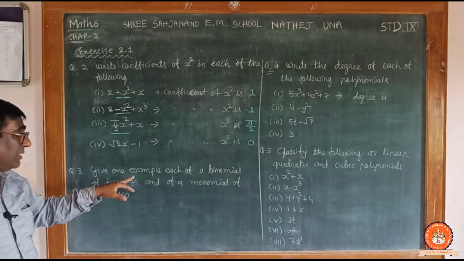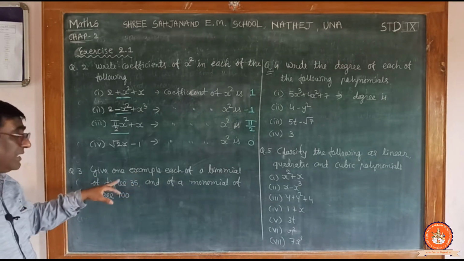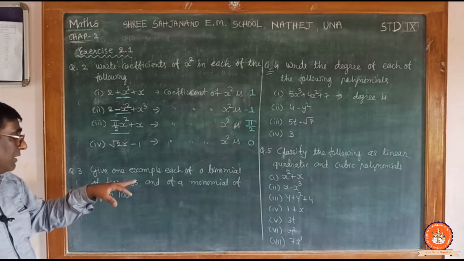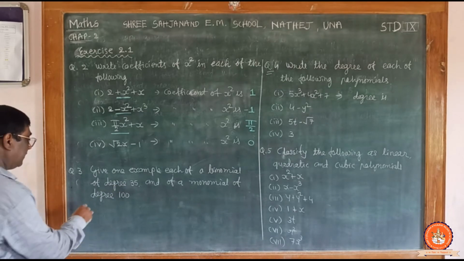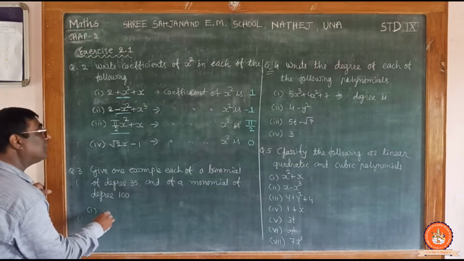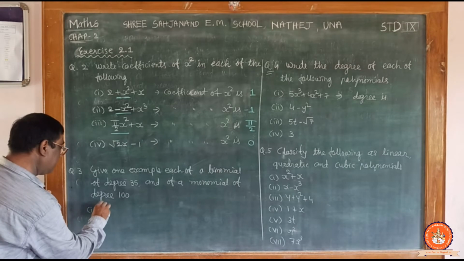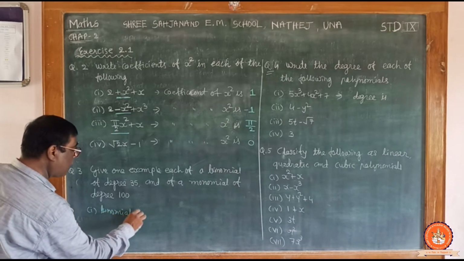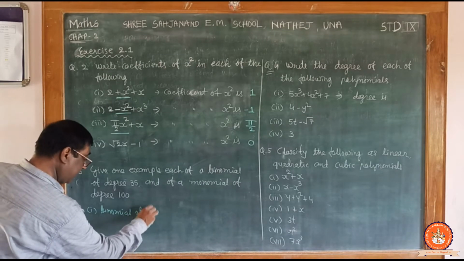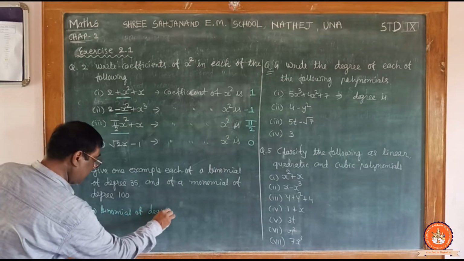Give one example each of a binomial of degree 35 and of a monomial of degree 100. So for the first one, we are going to do the example of a binomial of degree 35.